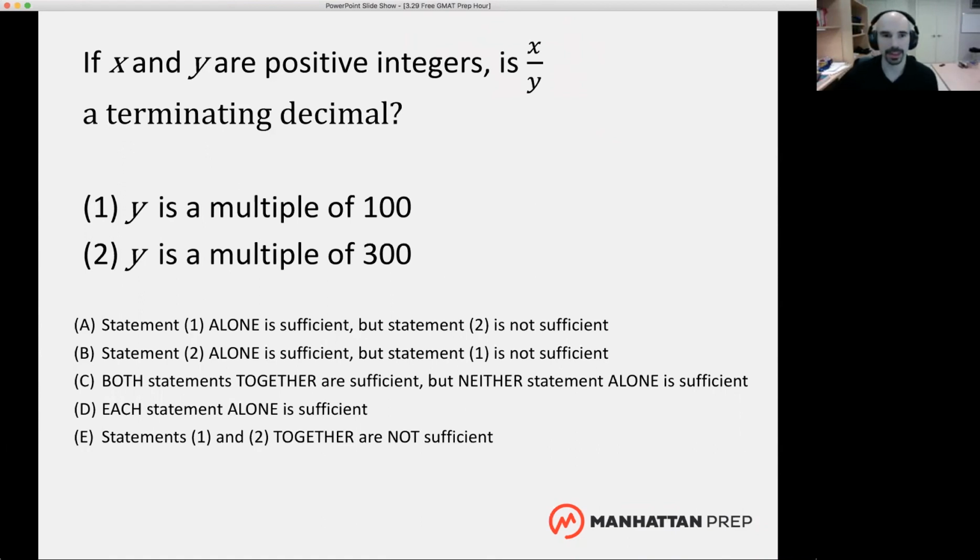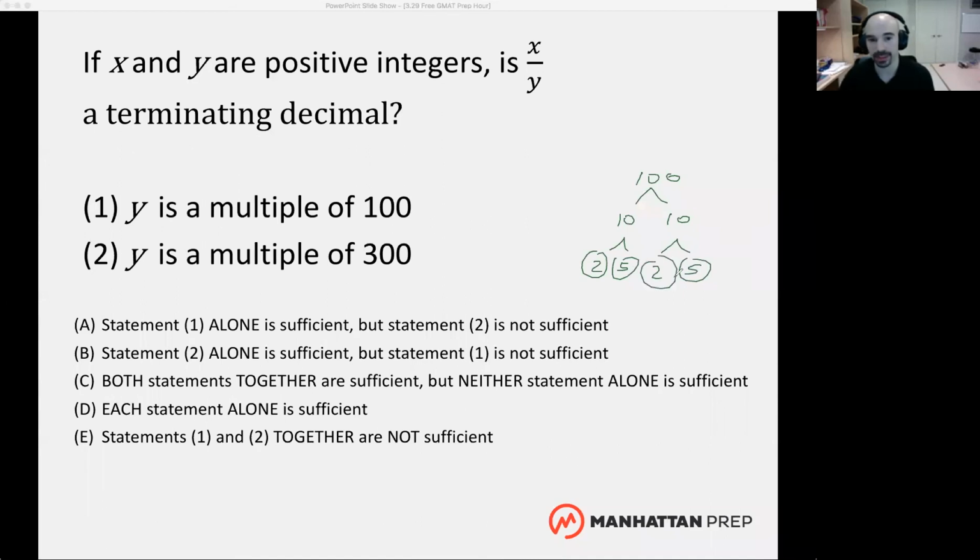Okay, so Halsey is saying, look, the only prime factors of 100 are 2 and 5. I can confirm that by drawing a prime factor tree. That would be 10 times 10, drop down to prime factors 2, 5, 2, 5. So that's true, Halsey. The only prime factors of 100 are 2s and 5s.